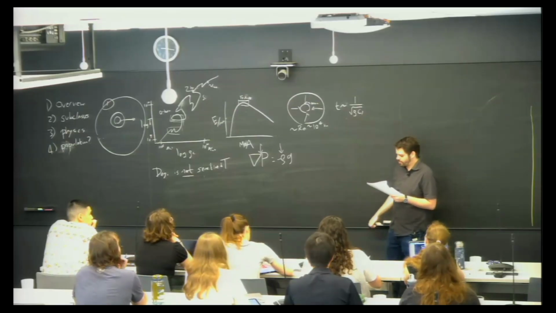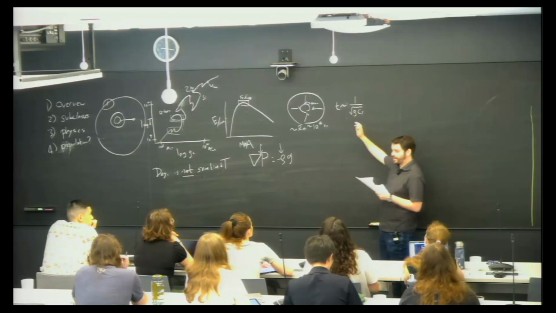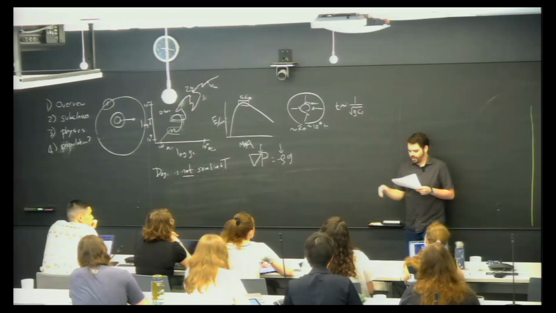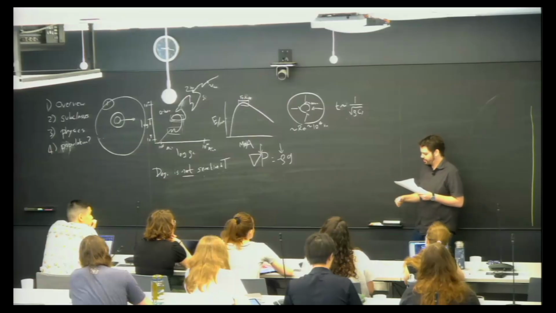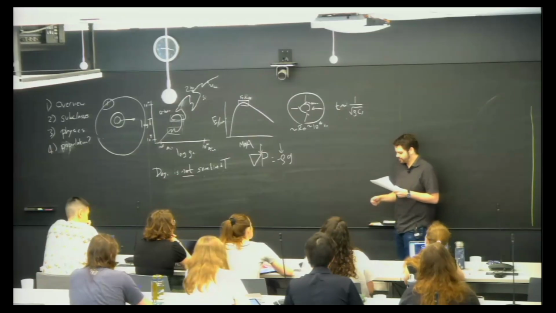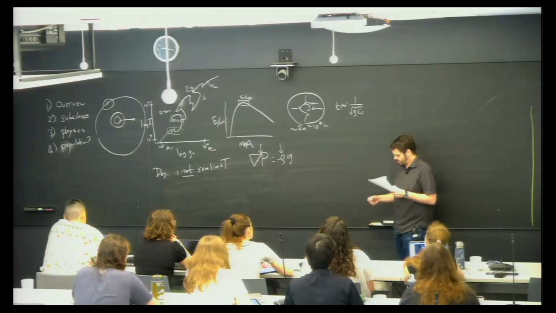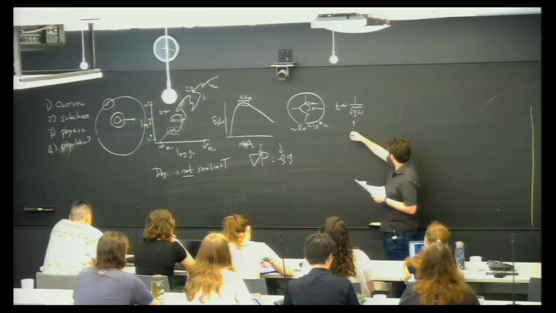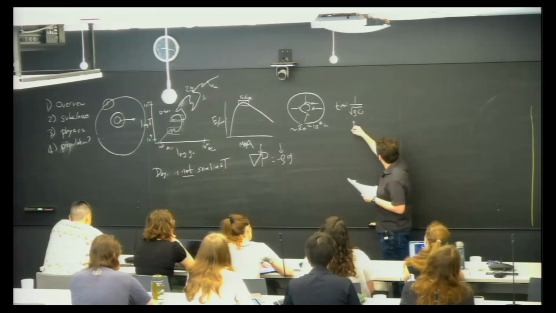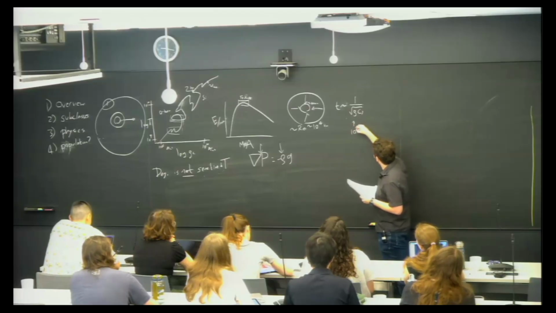So we can plug in some numbers. For 10 to the 10 centimeters, you have about a solar mass, or 10 solar masses, which is 10 to the 34 grams.